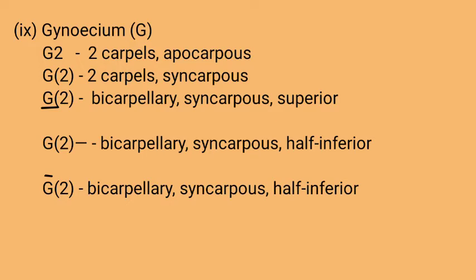The next one, G(2) with an underline, means the gynoecium is present on the thalamus, that is bicarpellary, syncarpous, superior ovary. G(2) with a line present beside the 2 means bicarpellary, syncarpous, fused carpels. Since the line is present beside the 2, it is a half inferior or half superior ovary.